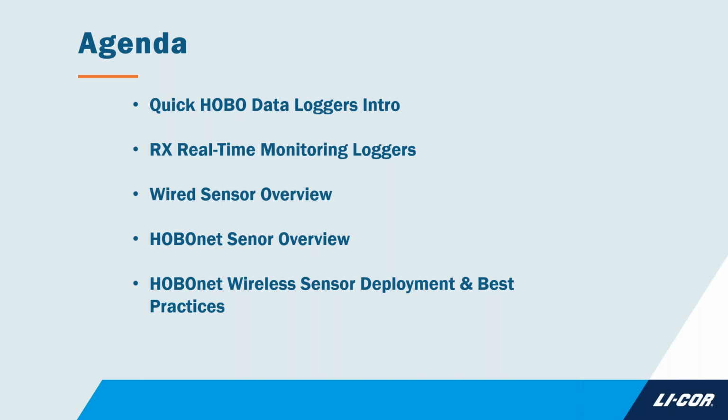Then I'll go over some of our wired sensors, because we have a couple of different options for sensors. We'll go over our HoboNet, which is our wireless sensor overview. And then we'll get into some of the fun stuff with wireless sensor deployment and best practices on getting everything out and going in the field.